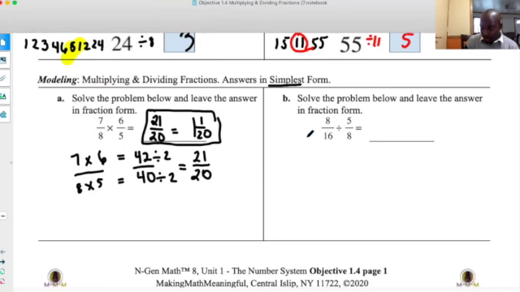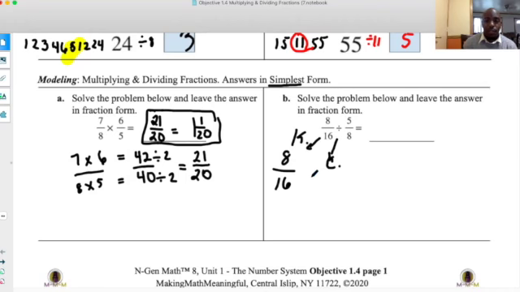So when I think about keep, change, flip, I'm thinking, okay, let's keep the first fraction exactly what it is. Keep it as 8 over 16. Don't change it. Keep, that's K. Okay. Change. We are going to change this division sign to its inverse.